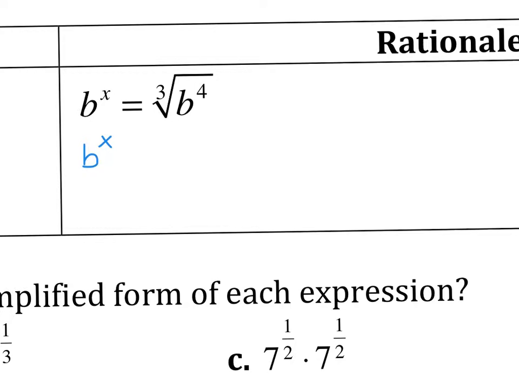If I were to cube this side in order to get rid of that index, and cube this side, let me just show you what happens. This now becomes b to the 3x equals b to the 4.